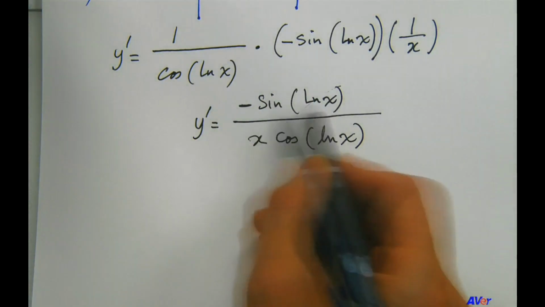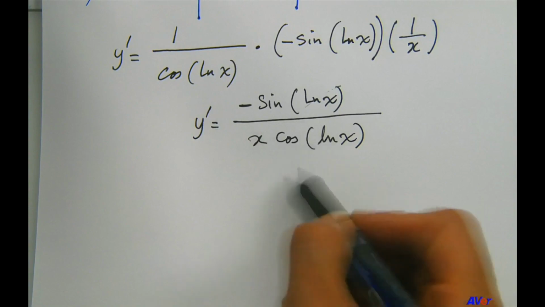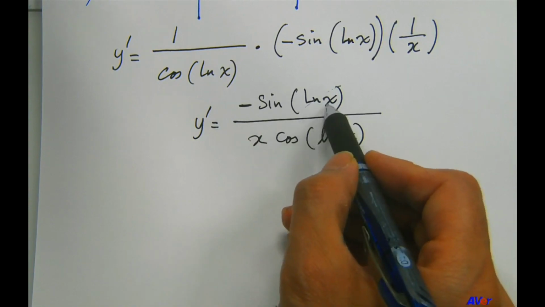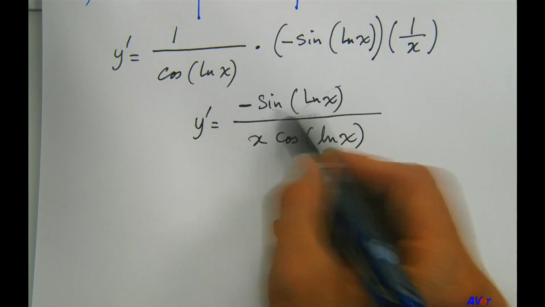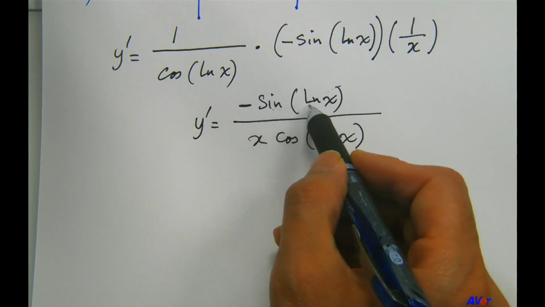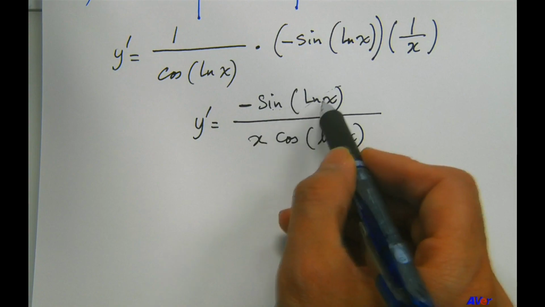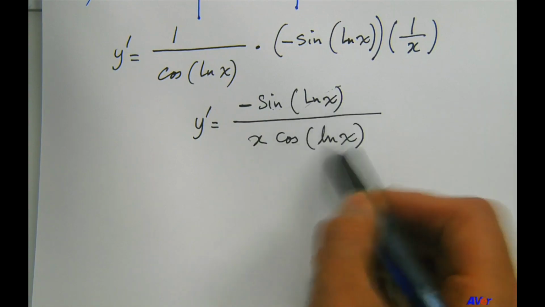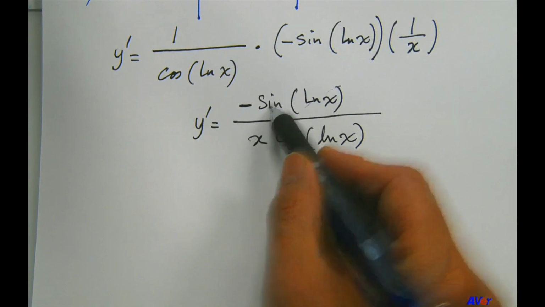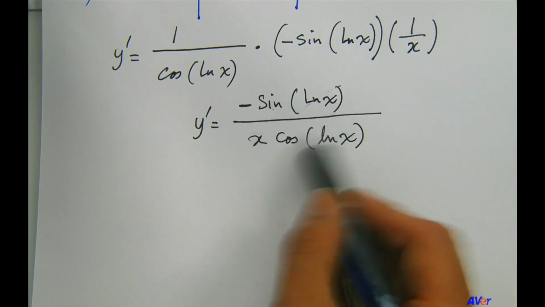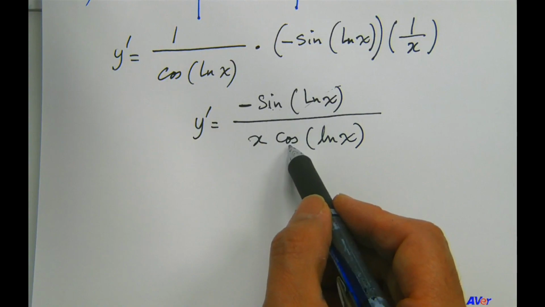This is not a multiplication operation. Natural log of x is the argument of sine. So here we have a composition of functions, and natural log of x cannot be canceled with this natural log of x because it's part of the argument of the sine, and here it's part of the argument of cosine.